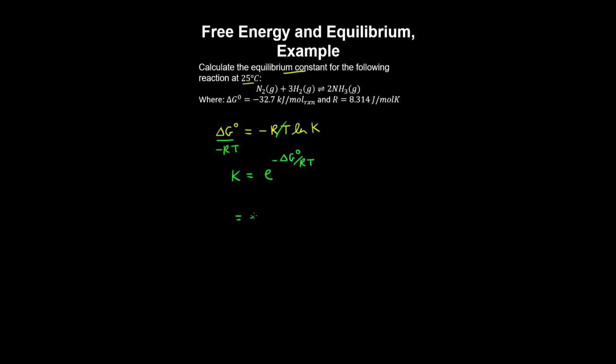And now if we make our substitutions for the Gibbs free energy change, which will convert to joules per mole of reaction, and we divide this by R, which is joule per mole Kelvin, and we multiply it by the temperature in Kelvin.